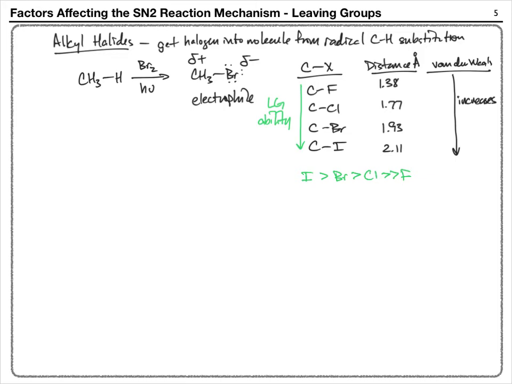What that means is there's a lot of CF bonds, and so that fluorinated surface basically makes the pan non-stick. So when you make your egg, it doesn't stick to the pan, it just slides right off and you can slop it on the plate. So CF bonds are pretty stable. F is not a good leaving group.